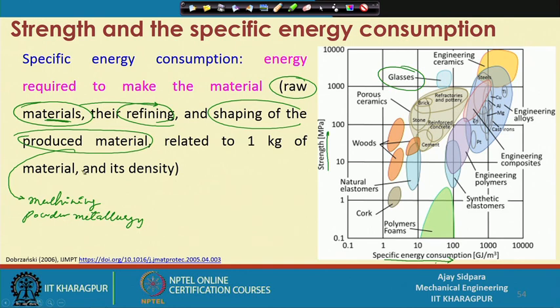If you are getting very small, different types of shapes, then there are different processes available. Then you are doing metal forming.